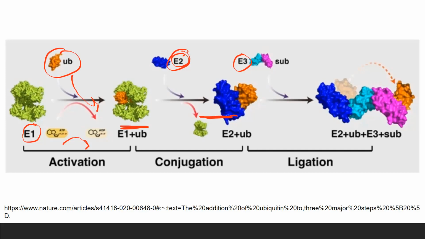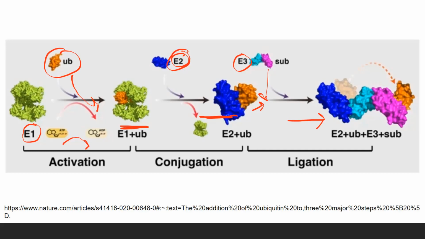And finally, the E3 ubiquitin ligase will bring the substrate and the ubiquitin loaded E2 together, and catalyze the transfer of ubiquitin from E2 to substrate to form a ubiquitin substrate complex. And this will further down the road be degraded by proteases.